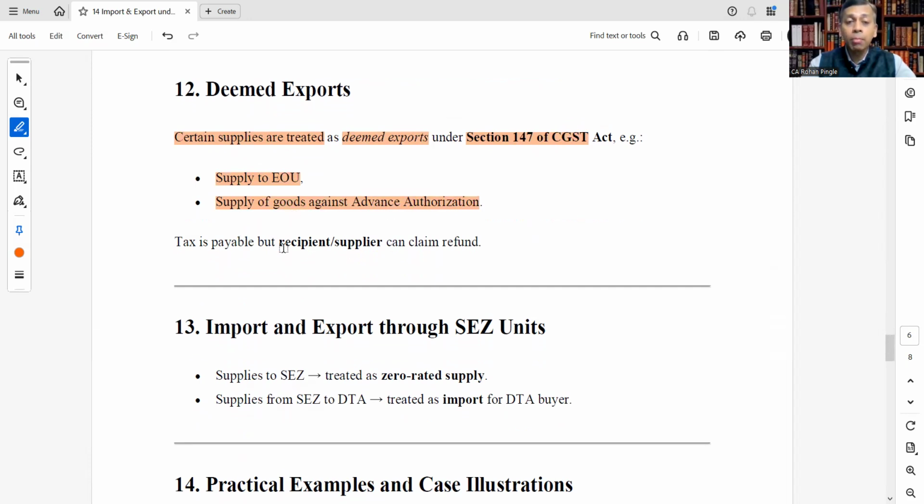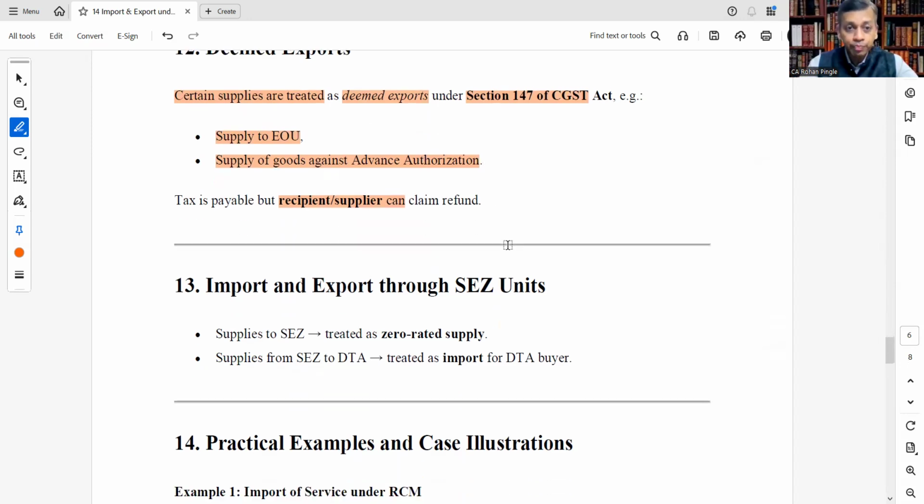Tax is payable, but the recipient or supplier can claim refund.